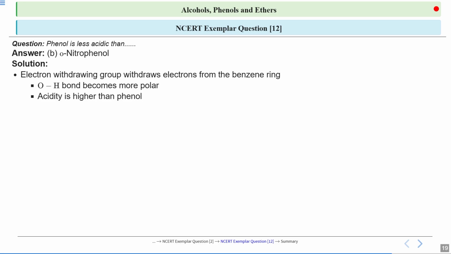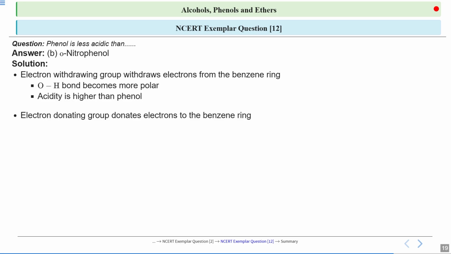So at the second position carbon, we have the nitro group attached, which is an electron withdrawing group, which withdraws electron density towards itself from the benzene ring, and the OH bond will become more polar compared to phenol. Phenol doesn't contain any electron withdrawing group, right? That's why acidity in orthonitrophenol is higher than phenol.